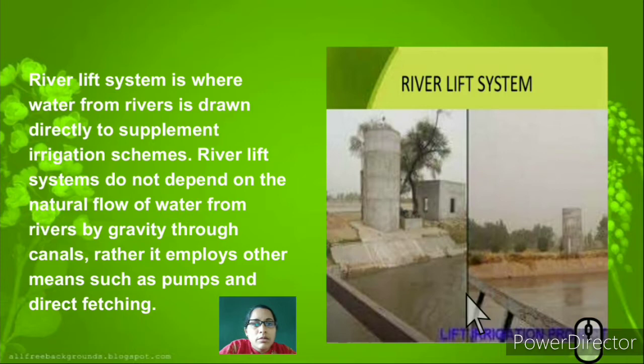River lift systems do not depend on the natural flow of water; they employ pumps and also directly fetch water from storage dams or any other sources. So it doesn't require a natural source of water that is continuously flowing.